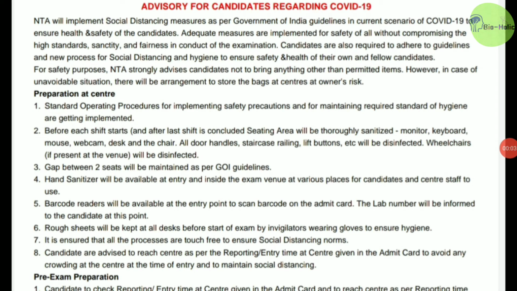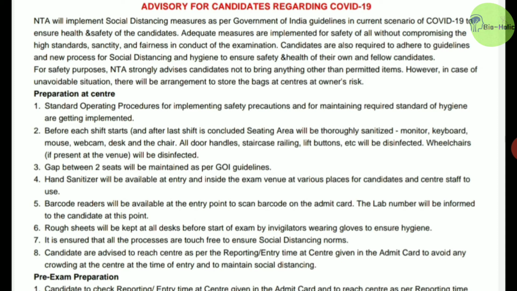Now the most important and essential part of the admit card for 2020 is on pages 3 and 4, where you get some advisory regarding COVID-19. NTA will implement social distancing measures as per Government of India guidelines in the current scenario of COVID-19 to ensure the health and safety of the candidates, and candidates are also required to adhere to guidelines and new processes for social distancing and hygiene to ensure the safety and health of themselves and fellow candidates.